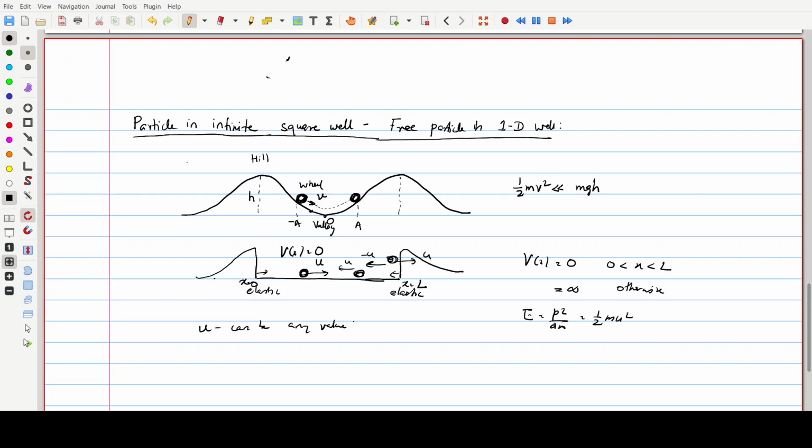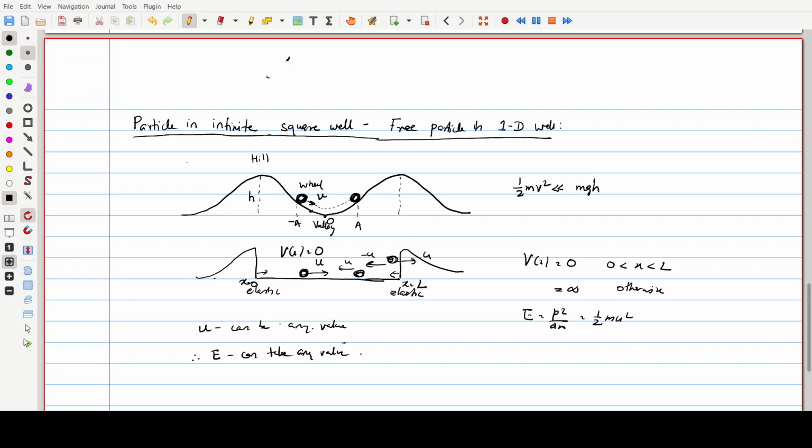It is an initial speed, and there is no restriction for the initial speed. It can take any value, and therefore E can take any value. So there is no restriction for the energy. There is no discreteness, or no quantization for energy if the particle is a free particle.